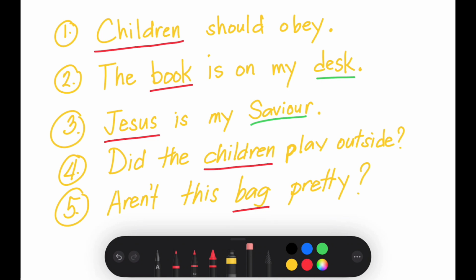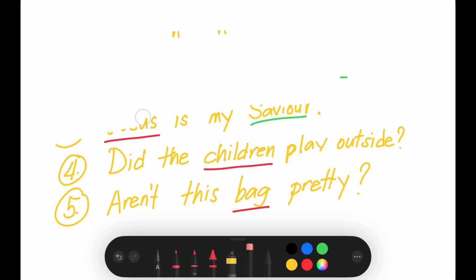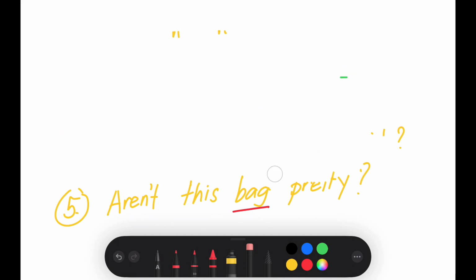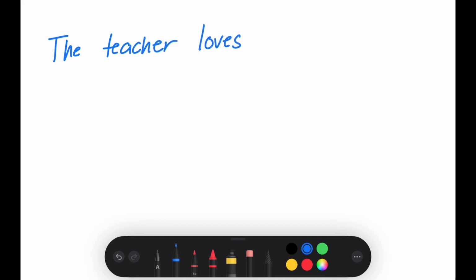Now, I'll give you an example of some sentences na medyo ma-confuse yung mga kids natin. "The teacher loves each student."